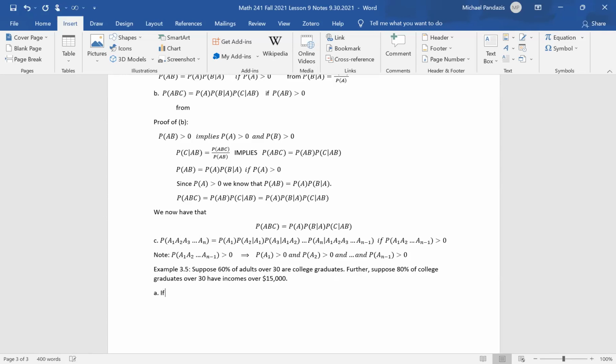If a college graduate over 30 is selected at random from the community, what is the probability he or she has an income of $15,000 or less?